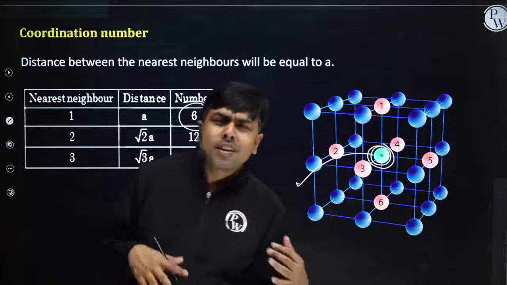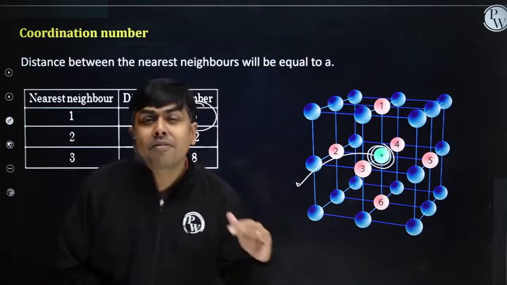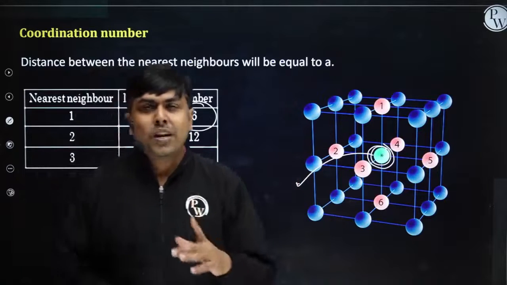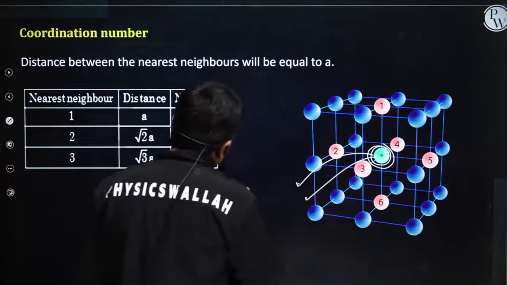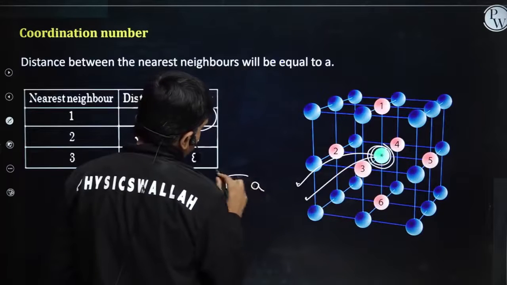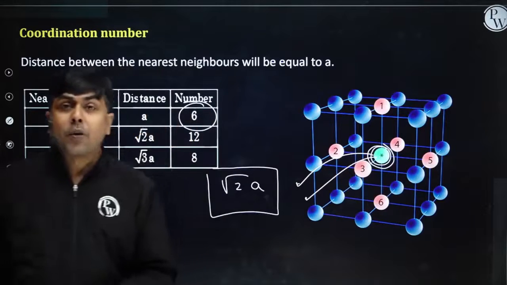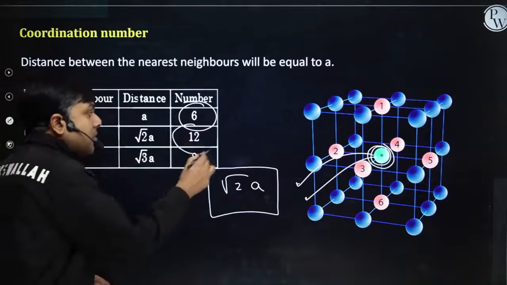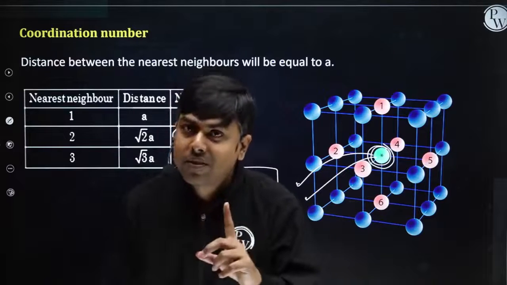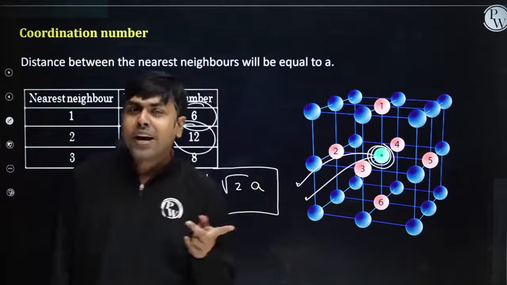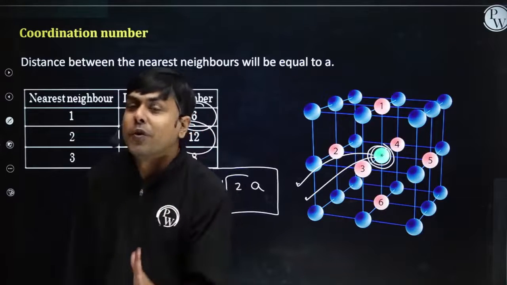If I talk about the next nearest neighbor, after a distance of a, student, now if I increase the distance a little bit, then at a distance of root 2a, this particular atom will be surrounded by 12 atoms. So the number of next nearest atoms is 12. Am I clear? Which we find at a distance of root 2a, 1.414a.